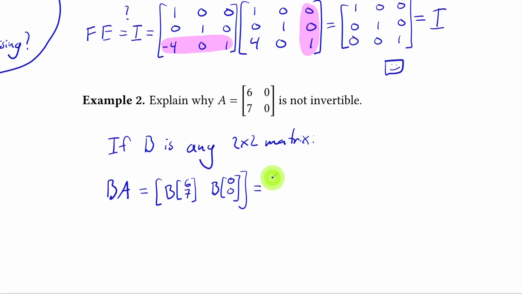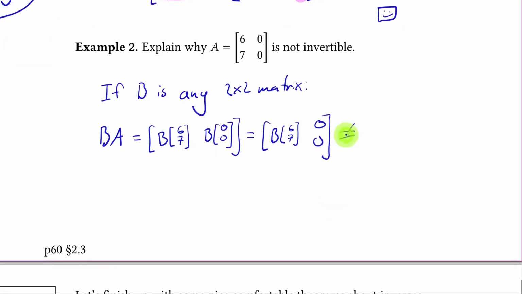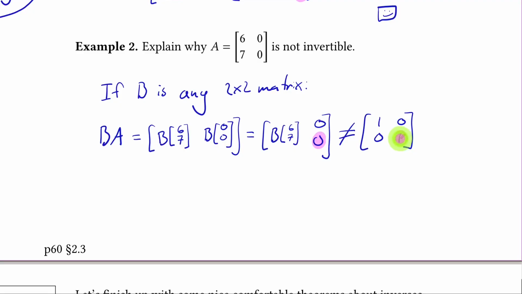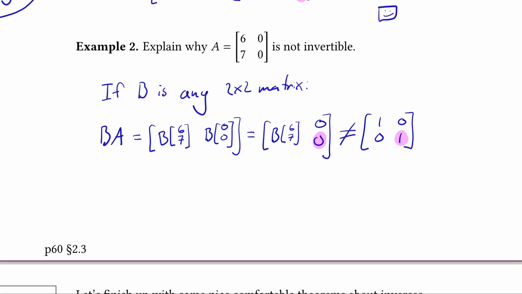And whatever the first column is, the second column is 0. And so that is not equal to the identity matrix that has a 1 in that position. So there's no way B times A can be the identity matrix. So it is not invertible.